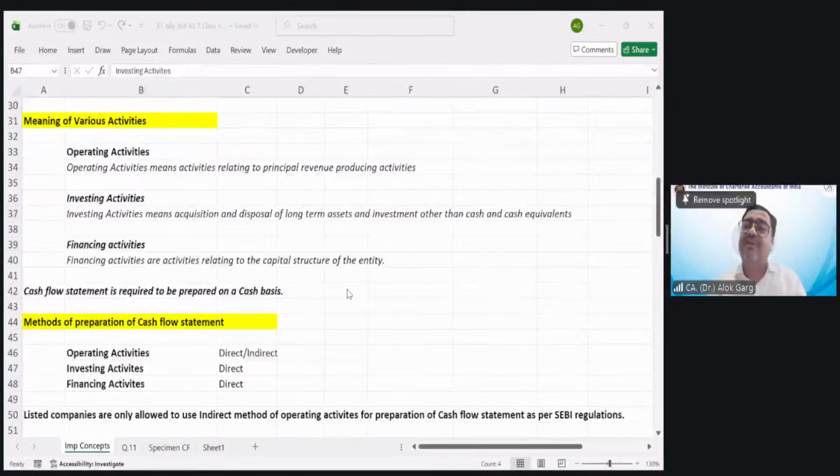Your investment has been measured at fair value and it has gone up by 500 crores. Will anything come under the investing activity? You have made an investment. Investment value has gone up by 500 crores from opening to closing. There are no purchases, no sales. It is just because the market value has increased.